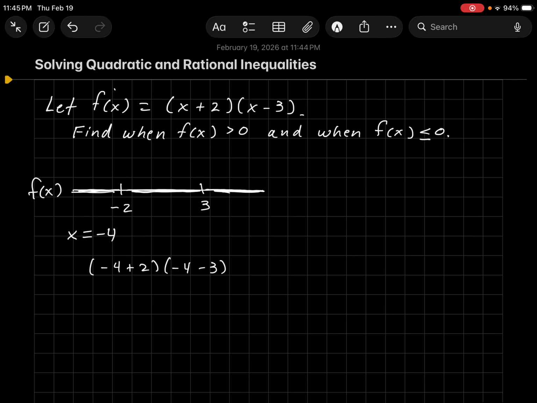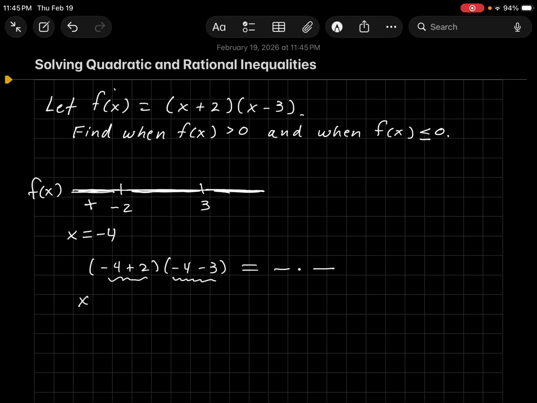Now, I don't really care what it equals. I really only care about the signs. So I get negative for the first factor when I plug in negative 4. I get negative again. So negative times negative gives me positive. And I do the same thing for each interval, because it doesn't matter on this first interval.